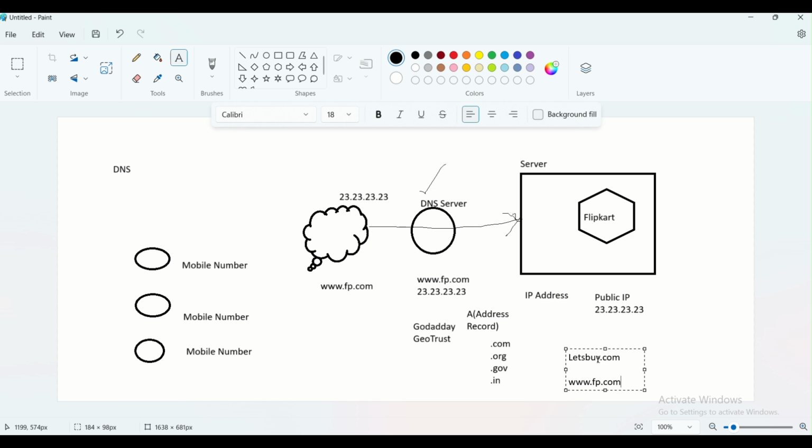People have some confusion about whether they need to browse with fp.com only or with letsbuy.com only, and they don't want to lose the market. In that scenario also, the DNS server has a mechanism. Okay, people are using www.fp.com, right? Fine. If somebody acquires this Flipkart, for example xyz.com.